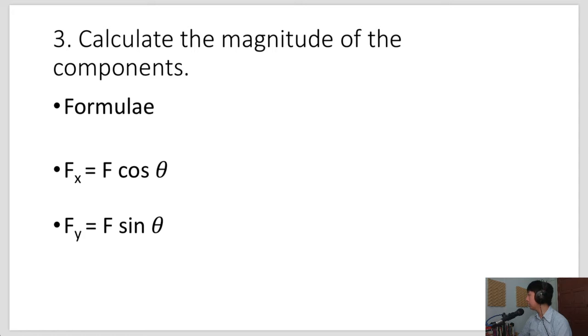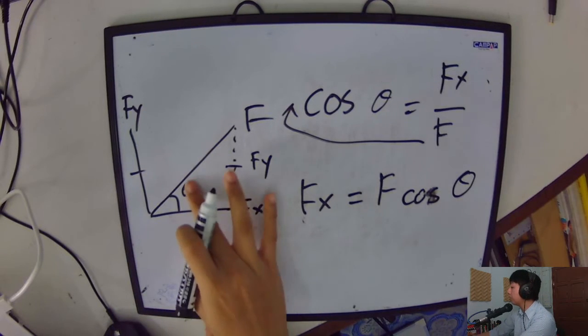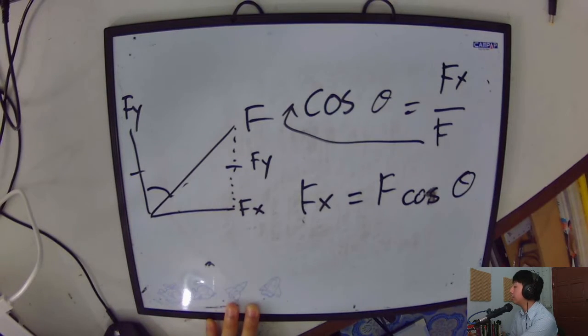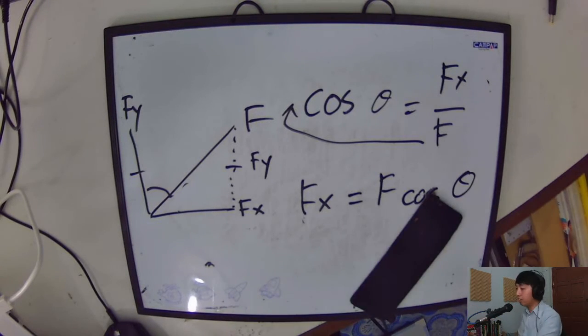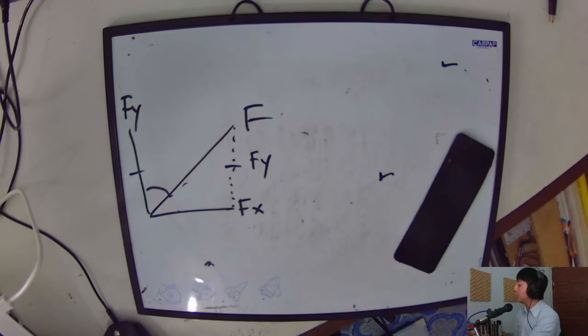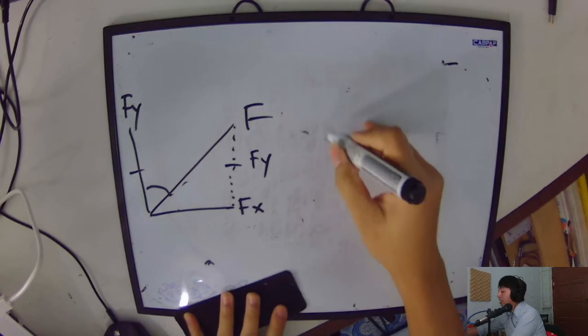Sometimes the question, instead of giving you this angle, will give you this angle instead. If you get that, then either you find this angle, which is fine, or you just flip it.